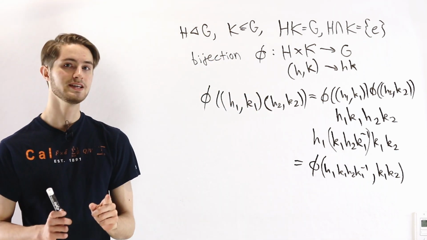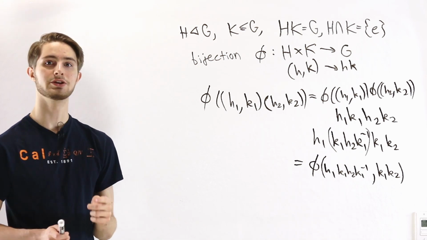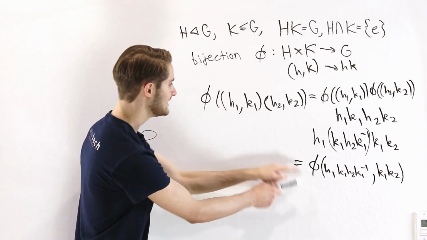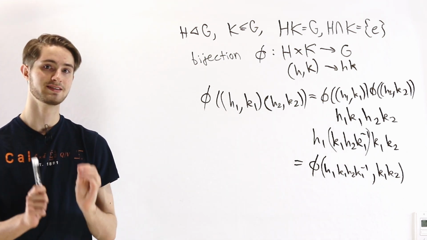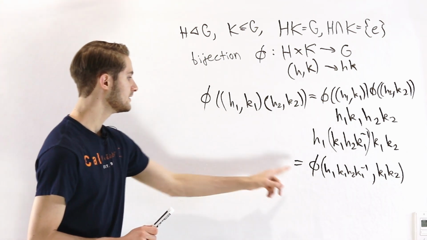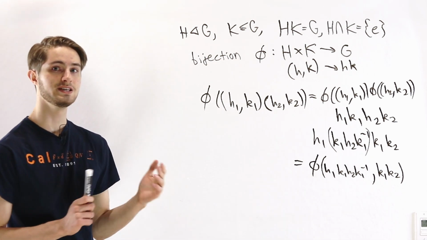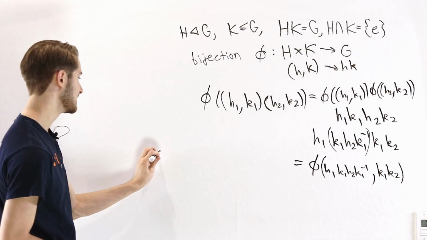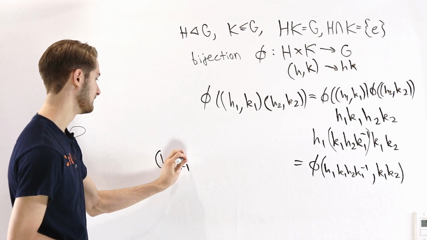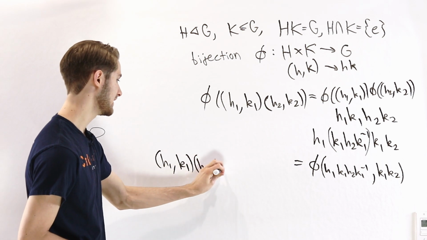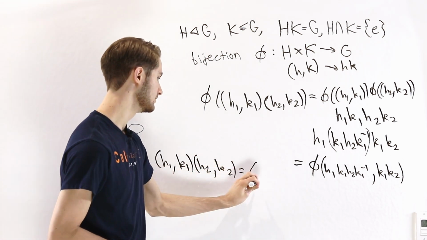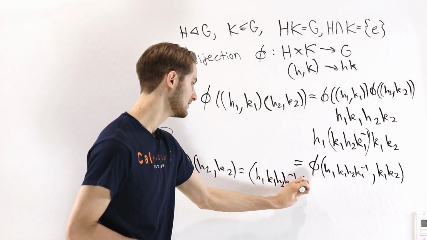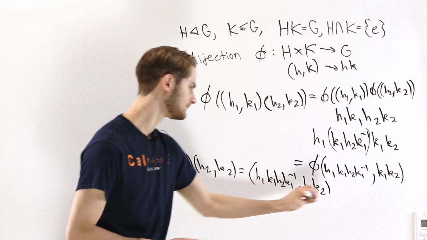But we know that phi is a bijection. In particular, it's an injection. And the property of an injection is that if we get the same output, we must have started with the same input. The only way for these two evaluations of phi to be equal is if the inputs are equal as well, which means we get H1 comma K1 times H2 comma K2 must be equal to H1 K1 H2 K1 inverse comma K1 K2.